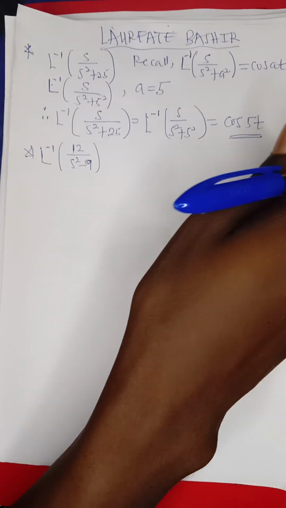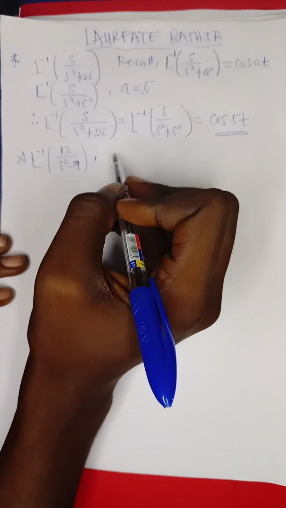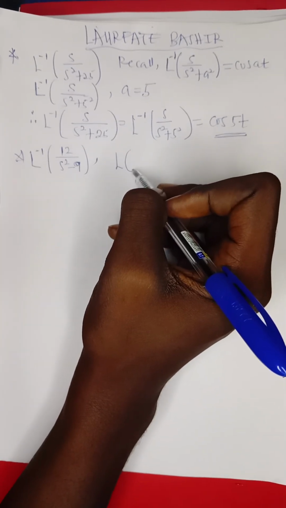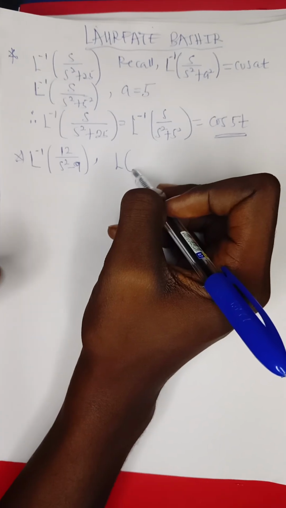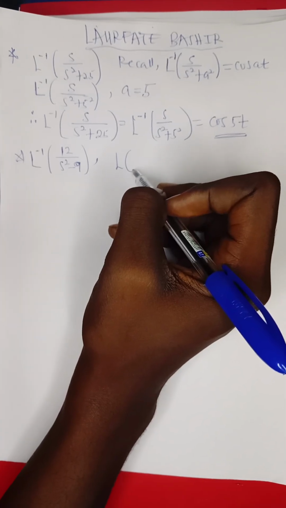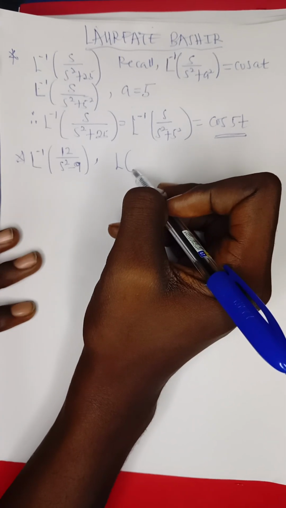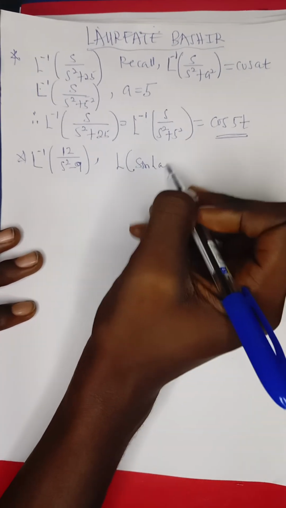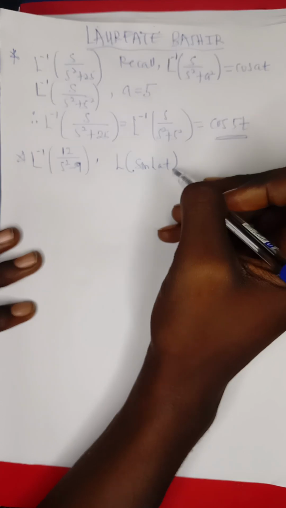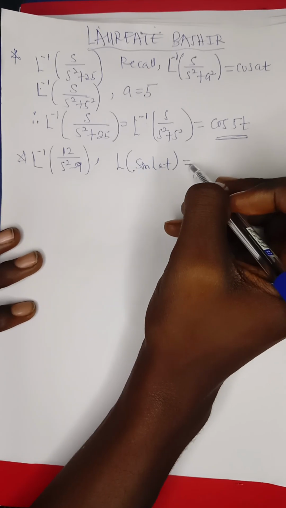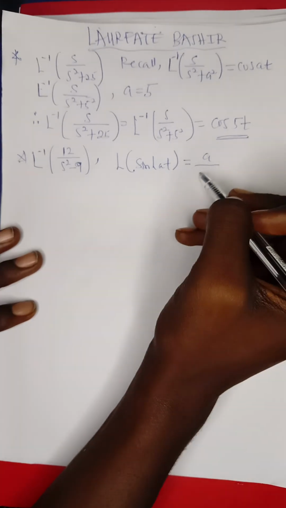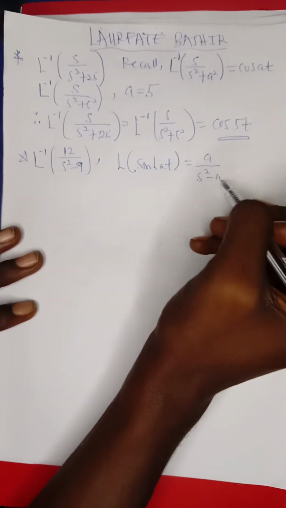So now, because we are having s square minus 9, and 9 can still be 3 square, right? You could recall from your hyperbolic Laplace that the Laplace of sinh at is the same thing as a over s square minus a square.